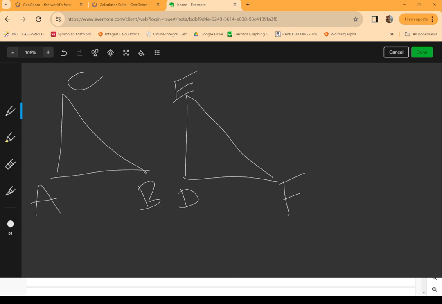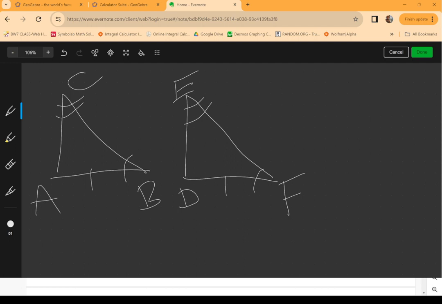Let's say that you know these angles here. You know this is a corresponding angle, and this is a corresponding angle here. And you also know that we have a non-included side, so let's say those sides are congruent.